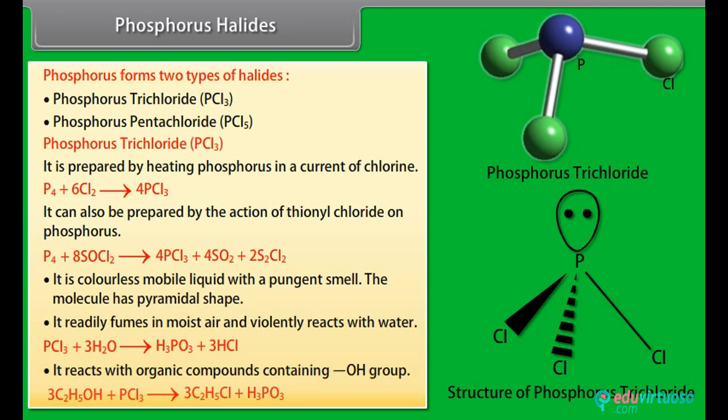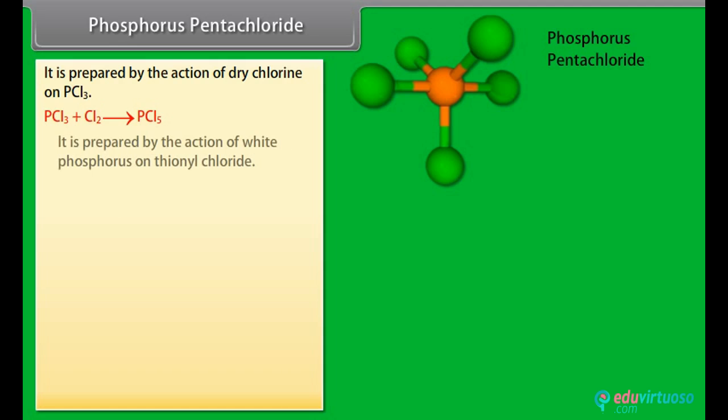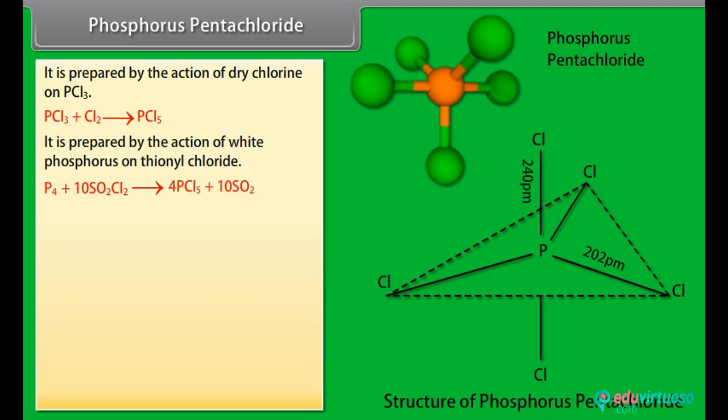It reacts with organic compounds containing OH group. Phosphorus pentachloride. It is prepared by the action of dichlorine on PCl3. It is also prepared by the action of white phosphorus on thionyl chloride.